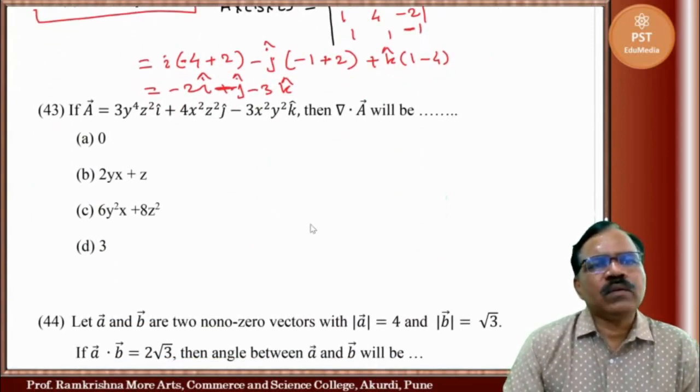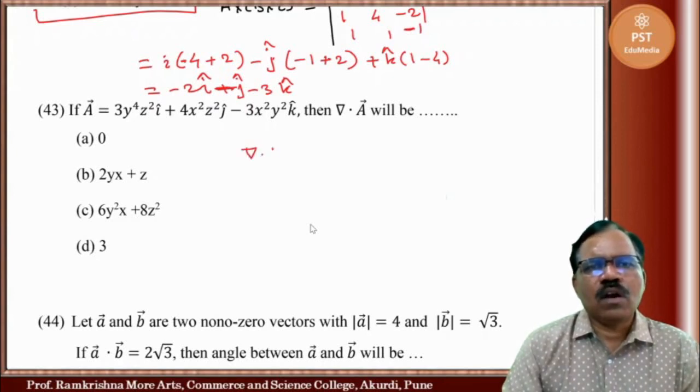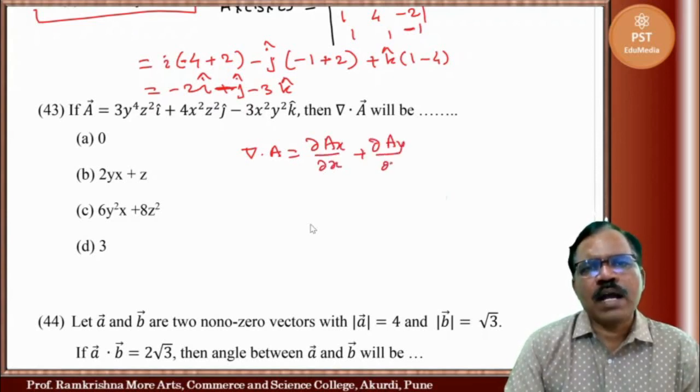Now a is equal to 3y raised to 4 z squared i plus 4x squared z squared j minus 3x squared y squared k. Then del dot a. Del dot a will be equal to del ax by del x plus del ay by del y plus del az by del z.